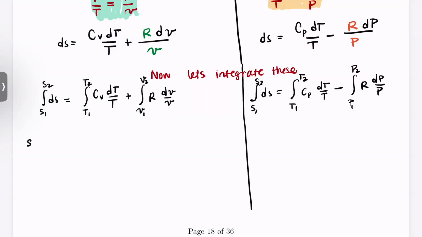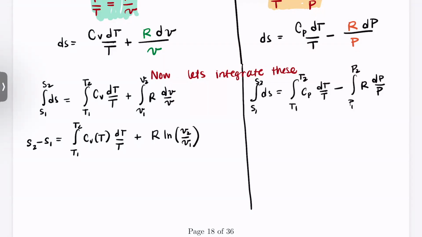So our first integral, we just get entropy at 2 minus entropy at 1 is equal to, and I'm going to keep this integral here, and I'm also going to note that Cv is a function of temperature as a reminder for why we can't just integrate this straight away. And then R comes out of this integral, and we end up with the natural log of V2 divided by V1.